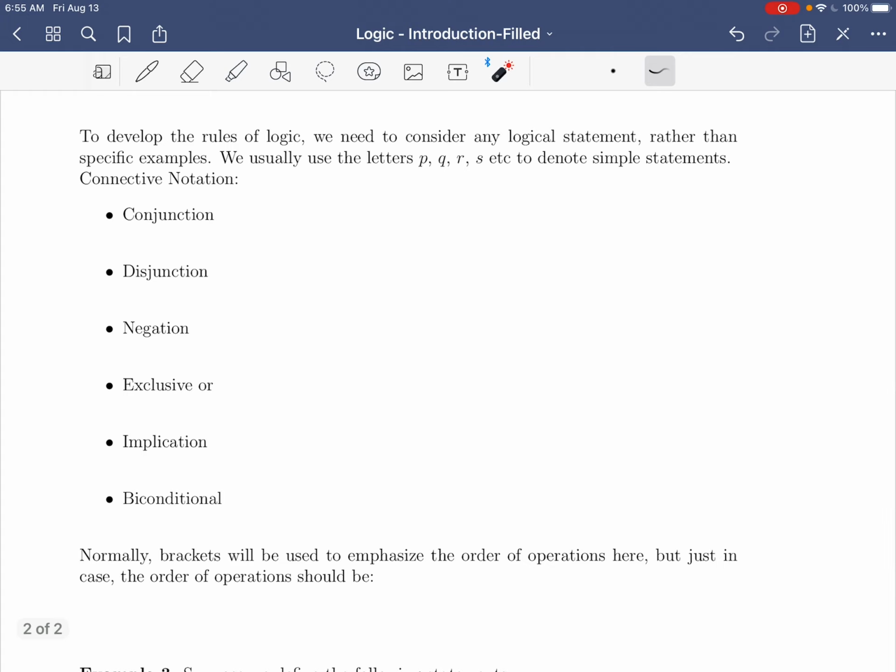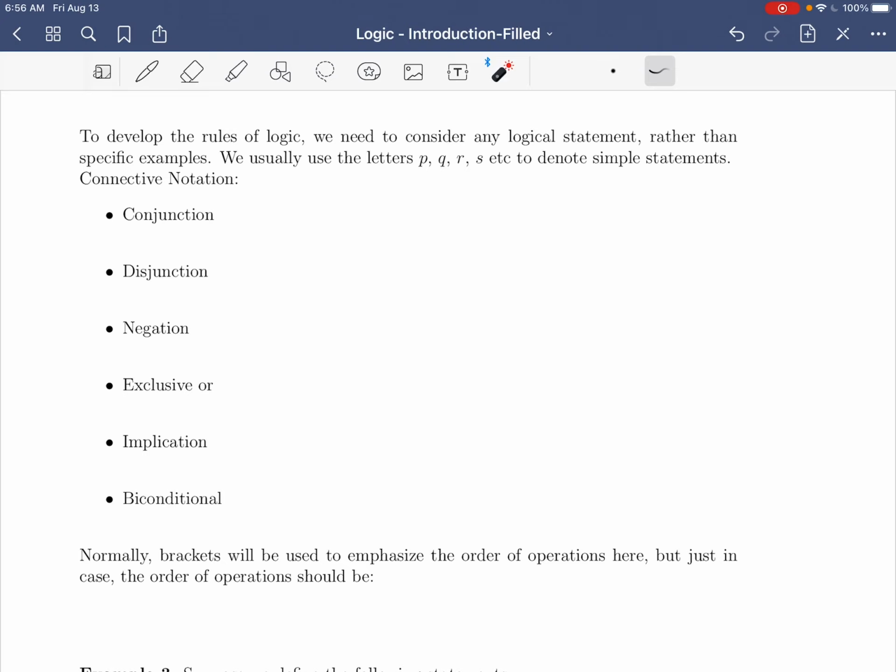So often we don't know the statement, so we use variables to represent the simple statements. These are only for simple statements. Normally we use letters P and Q and R, sometimes S if we need. You can use any letter really, but those are the ones commonly seen in logic.